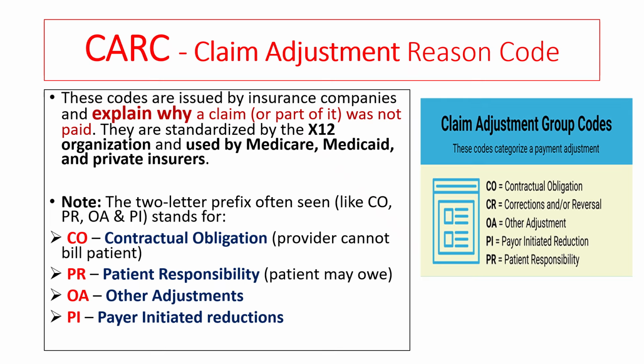It is not related to the patient. If a CO code is there and you are billing the patient, that is a mistake, that is incorrect. So these codes are very important. By seeing the CO code, you can understand that the denial is related to the doctor.